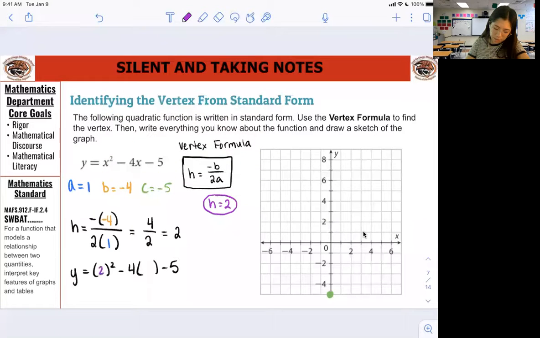So I'm plugging in 2 both of those times. You do that to get the k. And now it just takes a little bit of math. 2 to the power of 2, what do I get? 4. -4 times 2?